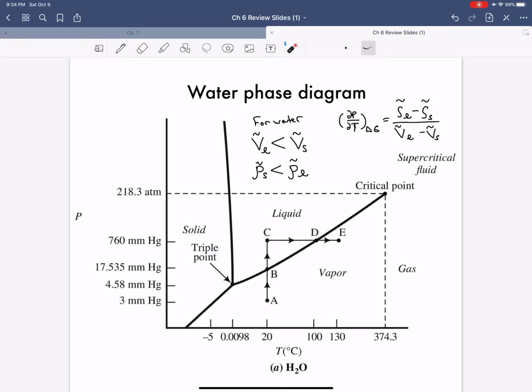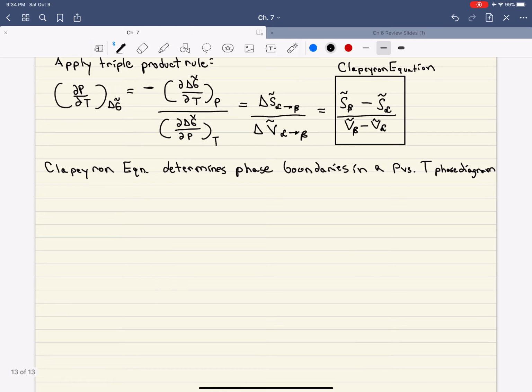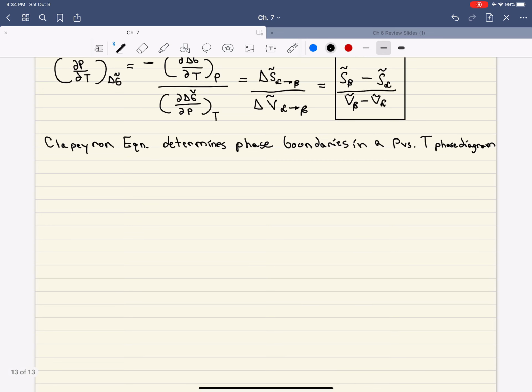Okay? And so that's just one example of how, once again, the Clapeyron equation allows us to determine the direction of these phase boundary lines. Okay? A couple of other things to point out before we go even deeper into understanding these phase boundary lines.